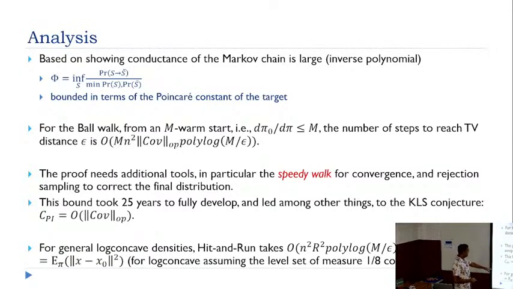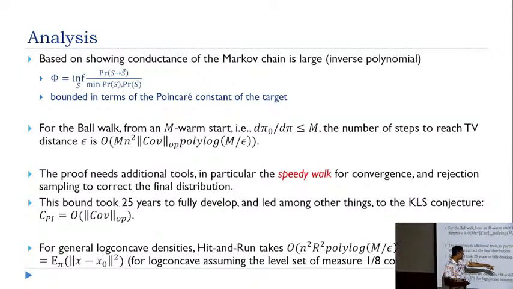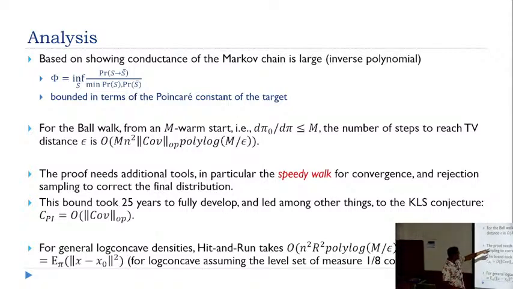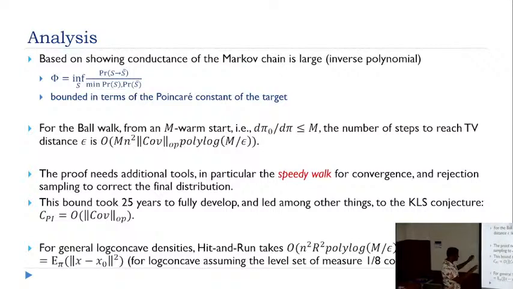Hit and run, on the other hand, the bound is n squared R squared polylog. Think of R as the radius of the ball that contains the set. For the case of uniform sampling, and more generally also, the R squared just represents the average square distance of a point from some point, let's say the centroid. The point is R squared is an upper bound on this operator norm of covariance, but it can be much smaller. So this is the state of the art.